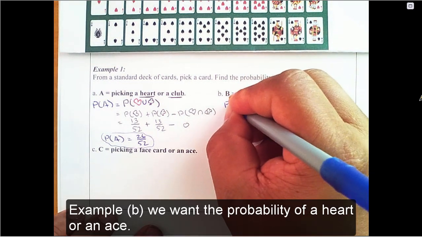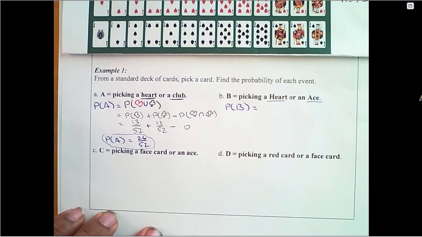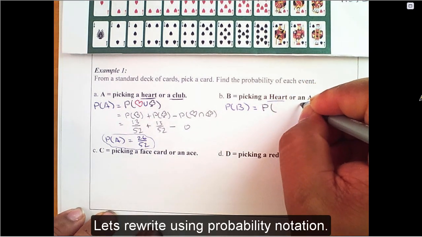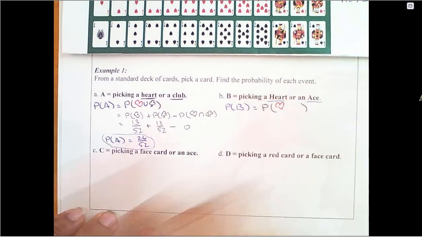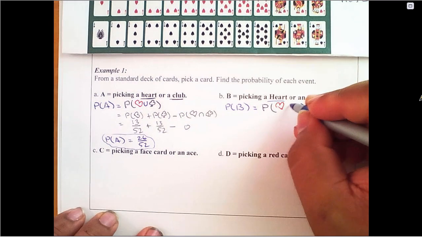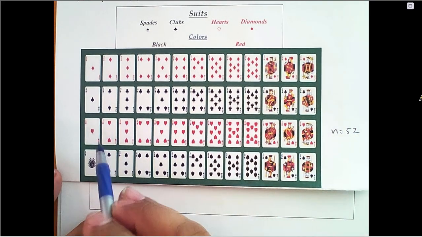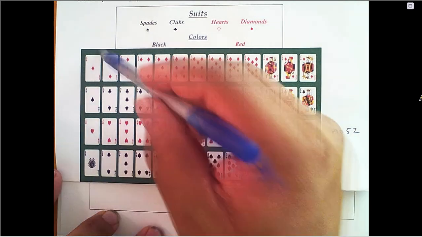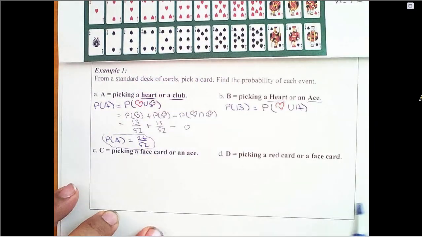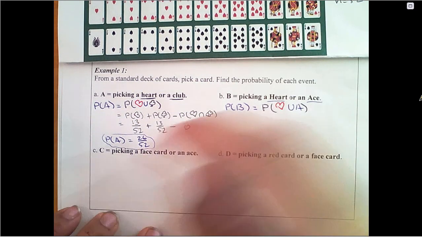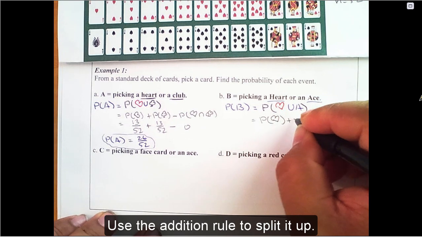Example B, we want the probability of a heart or an ace. Let's rewrite using probability notation. Use the addition rule to split it up.